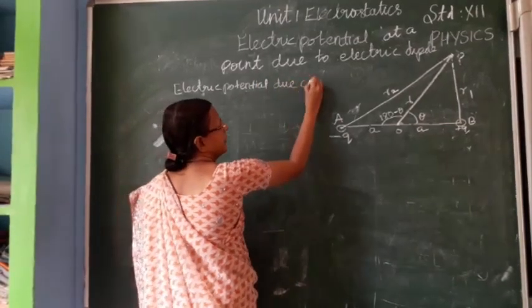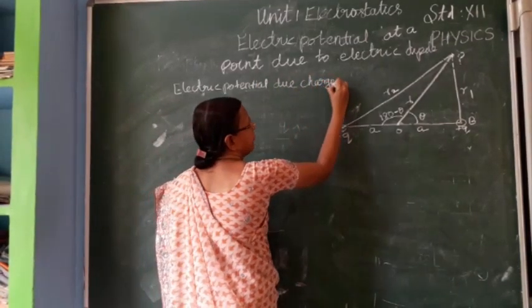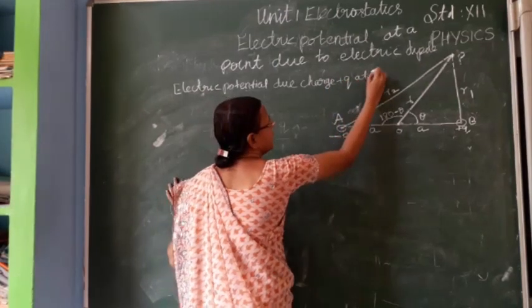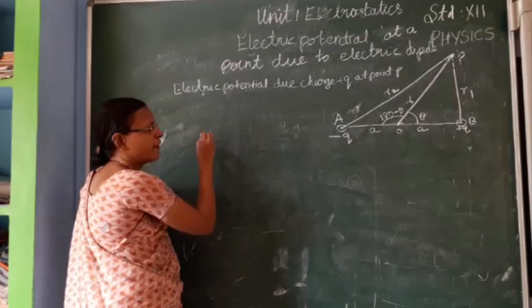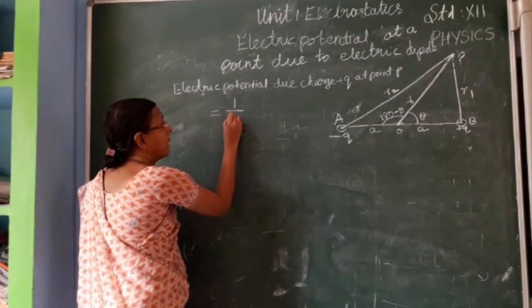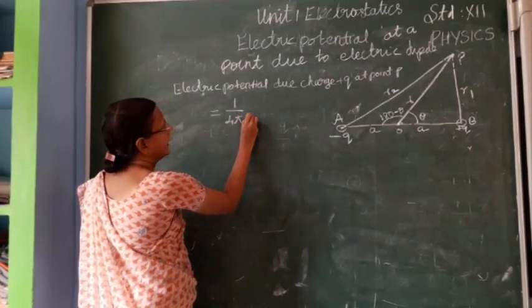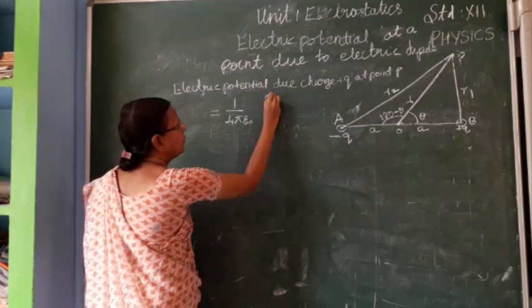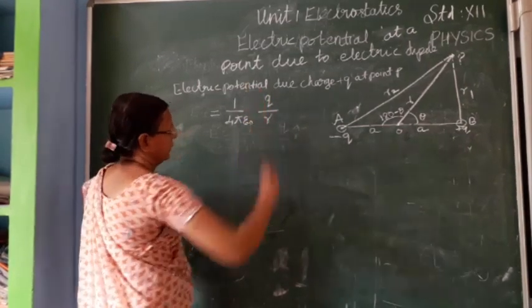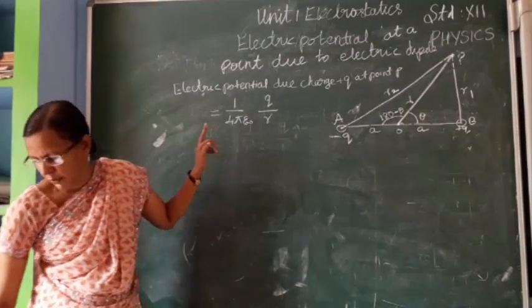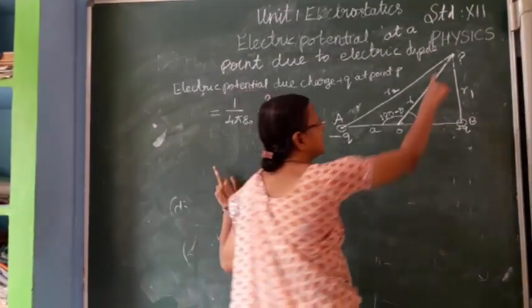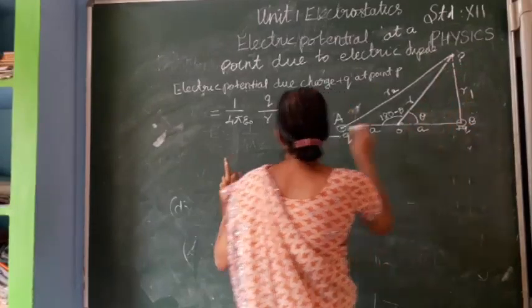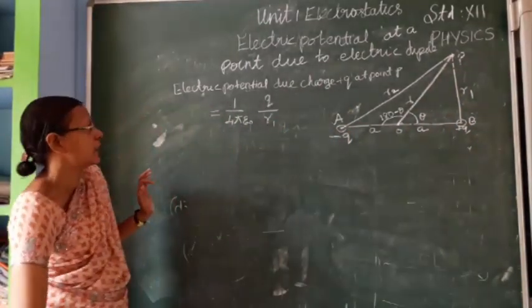We know the formula for electric potential, 1 by 4 pi epsilon 0 Q divided by R. But what is the distance here? R1. So that R1 we have to write here.